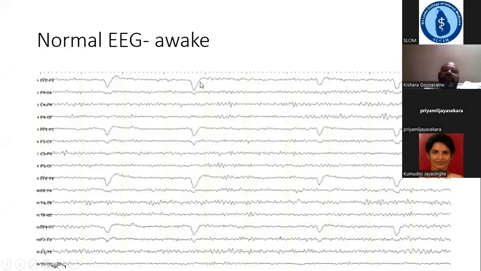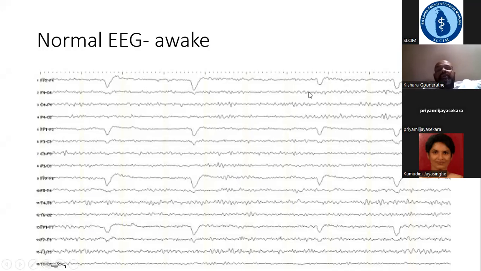The other aspect that I wanted to highlight in this particular record is that there is nice symmetry between the right hemisphere and the left hemisphere. The first 4 leads are from the right hemisphere, the next 4 leads are from the left, then the next 4 are again from the right, and the last 4 from the left. So it's right, left, right, left.